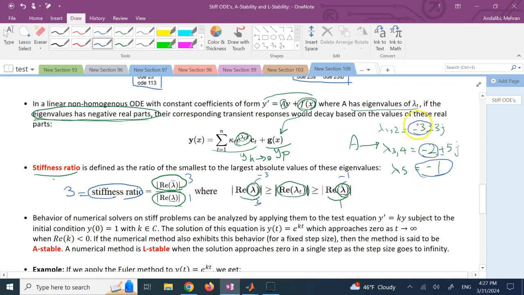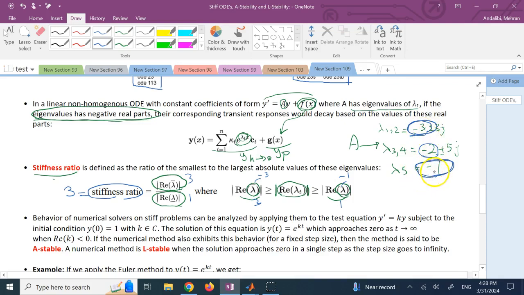And of course, the bigger this ratio is, it means that you have some very slow transient response compared to some very fast transient response. Okay? And this big difference between the speeds of these transient responses is what makes these ODEs stiff.